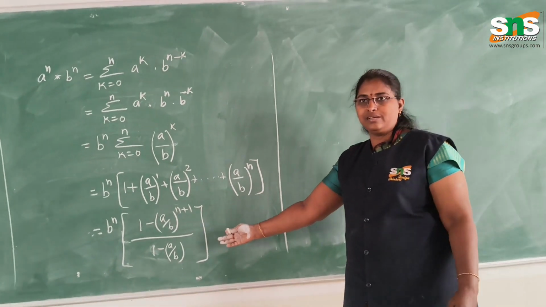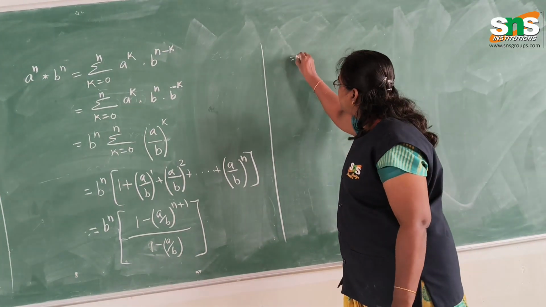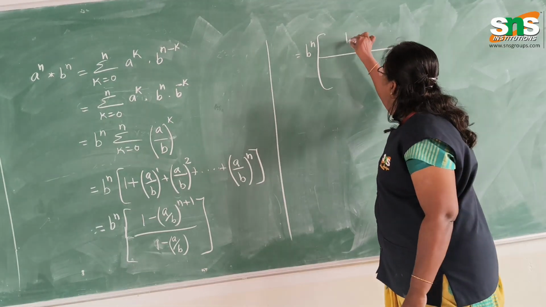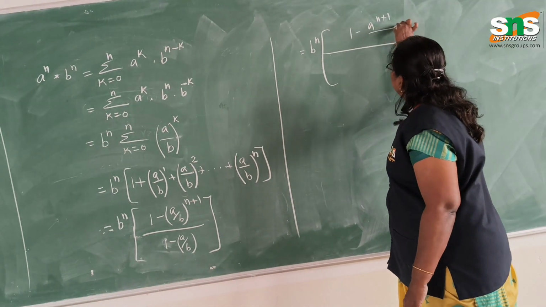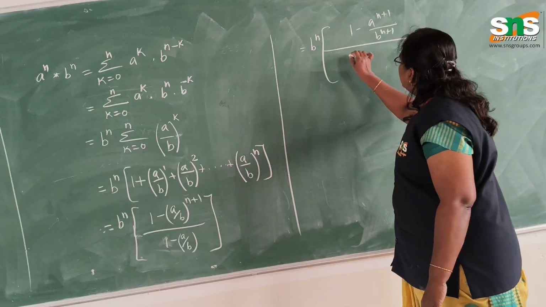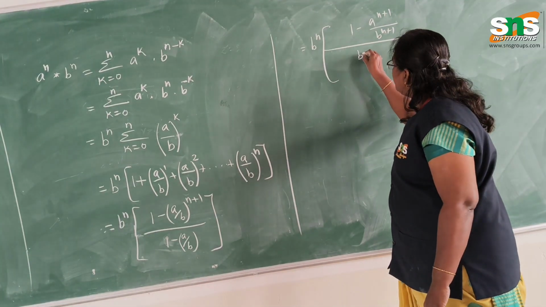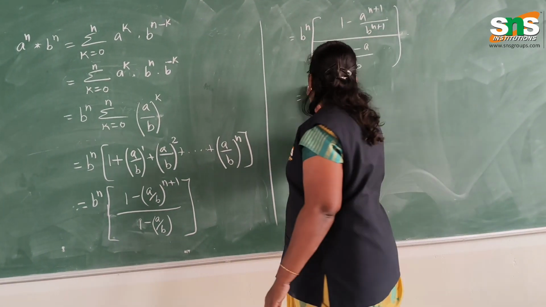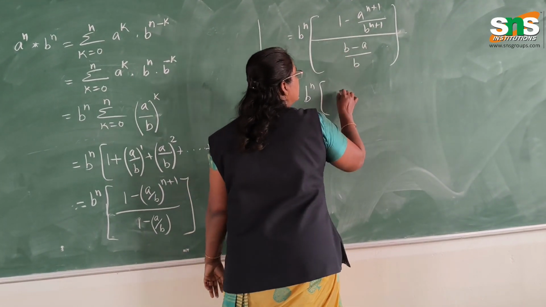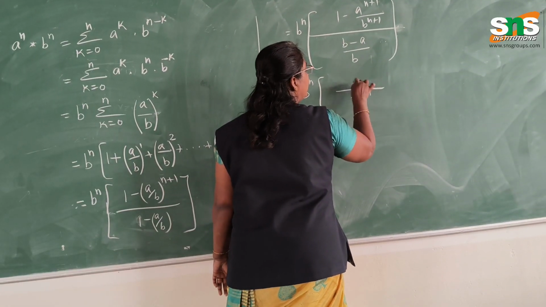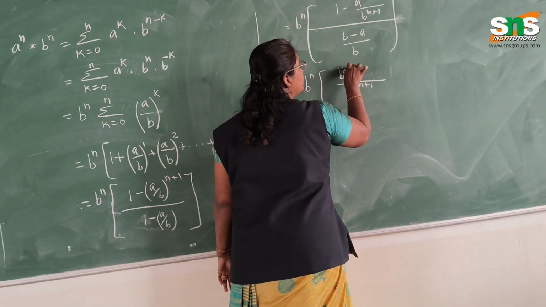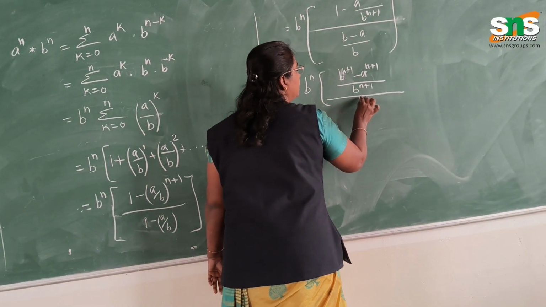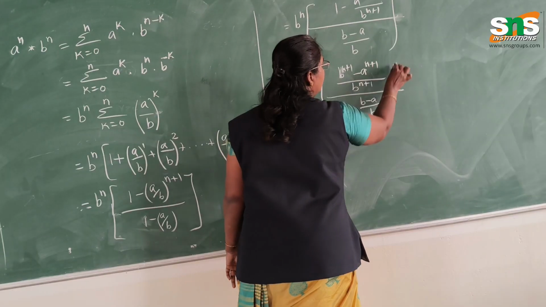After this, we are going to simplify. Take the LCM. So b power n in front, and in the numerator, separate 1 minus a power n plus 1 divided by b power n plus 1, and in the denominator take the LCM, b minus a divided by b. You can write it as b power n, with numerator (b power n plus 1 minus a power n plus 1) divided by b power n plus 1, the whole thing divided by (b minus a) divided by b.